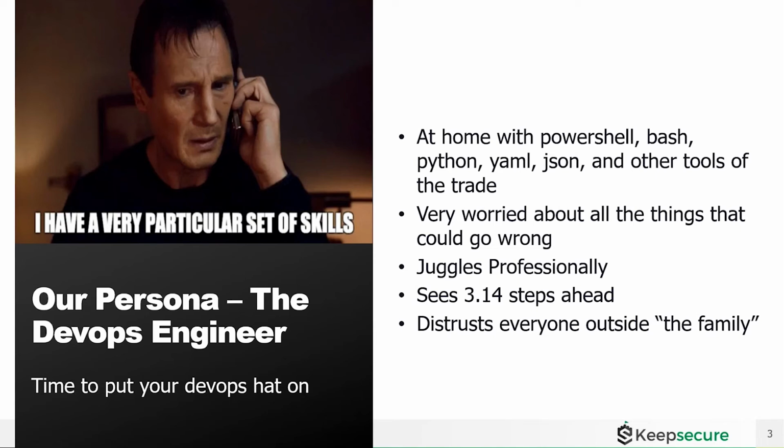You're very familiar with YAML and JSON in terms of creating configuration files that are then passed to downstream services. You're always worried about all the things that could go wrong in your environment because you're typically the first person to get blamed. Most DevOps people juggle professionally, and they typically distrust anybody outside of the family. So that's kind of who we are today.